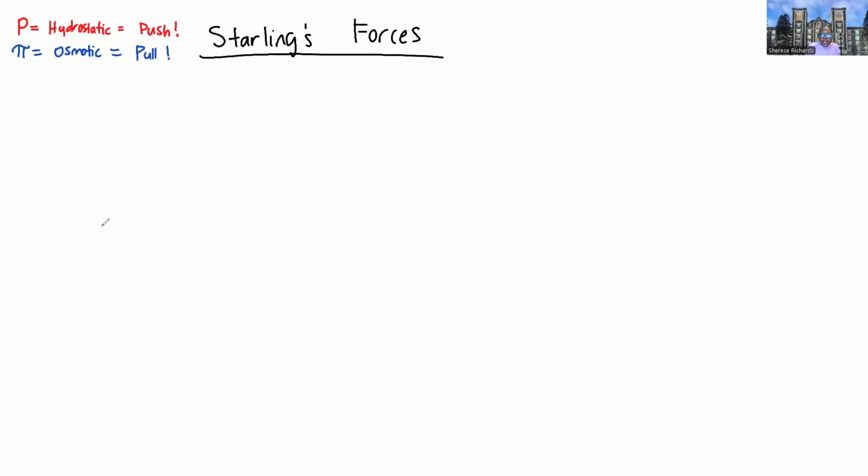Okay. Now let's describe our two tissue and fluid spaces. We have the tissue, this is our tissue up here, in other words, our interstitial fluid compartment. Down here is the tissue space. Let's put our capillary in.